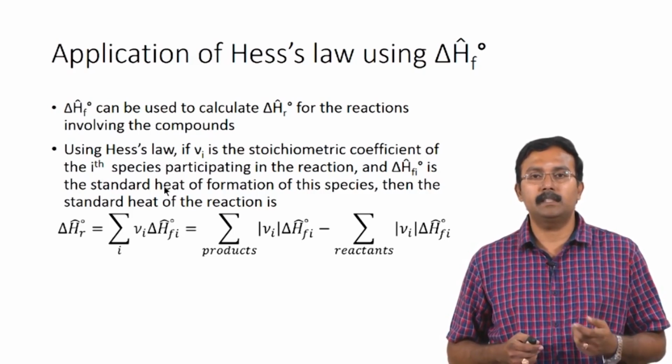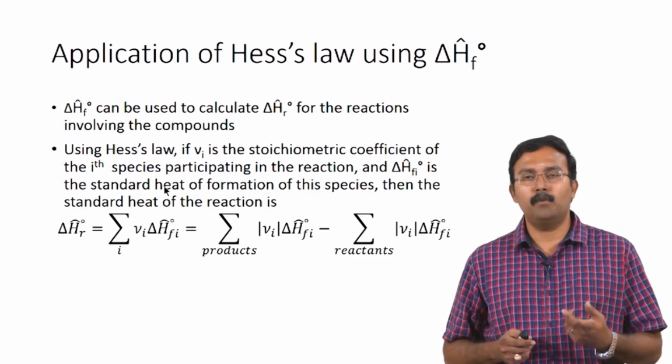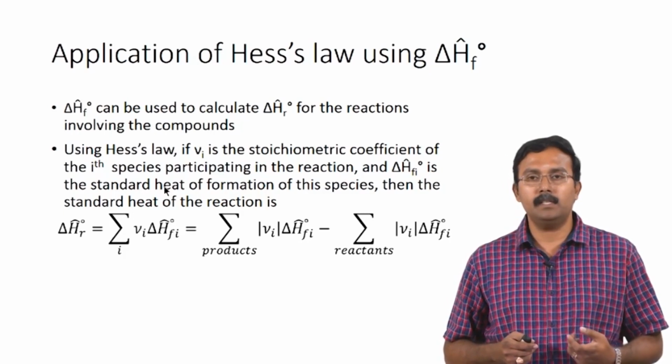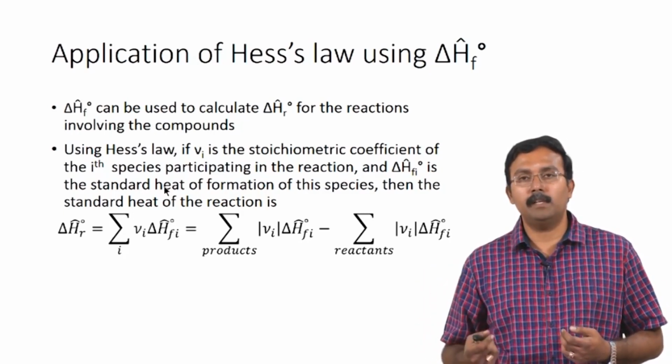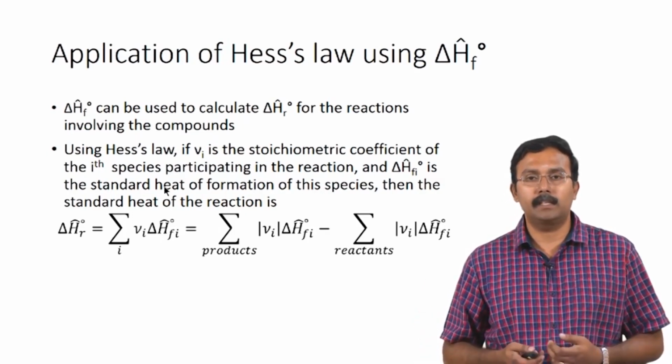First you find the sum of the stoichiometric coefficients times the heat of formation of the products, and subtract the sum of the stoichiometric coefficients times the heat of formation of the reactants, and you will finally get the heat of reaction.